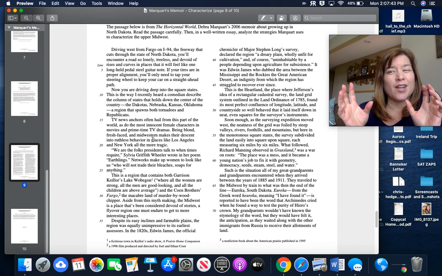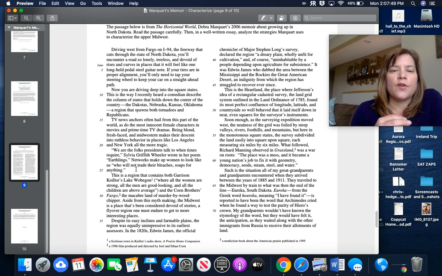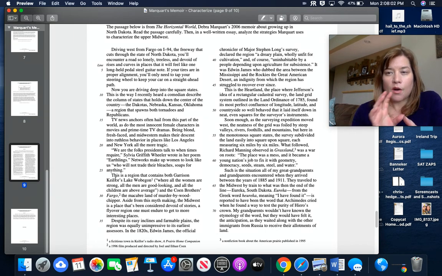So we get allusion to contemporary culture. Here we get literary allusion from Sylvia Griffith Wheeler's poem Earthlings, where women look like people who will not trade their bleaches and soaps for anything.